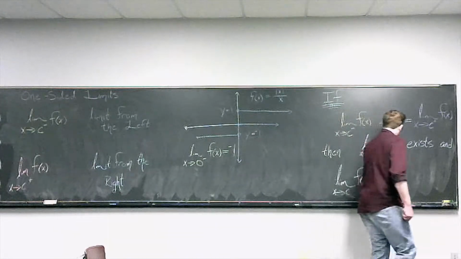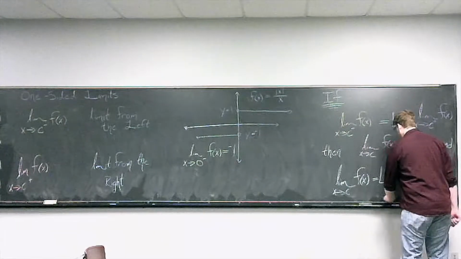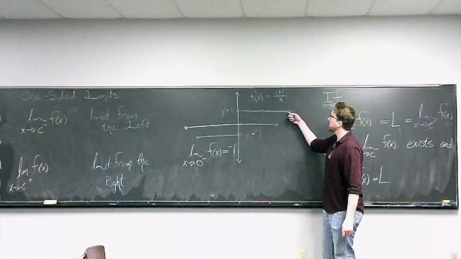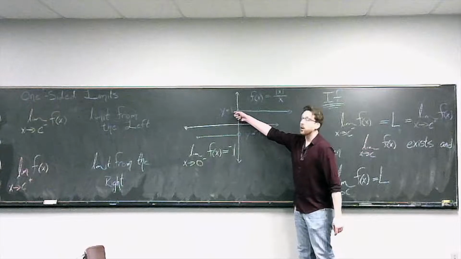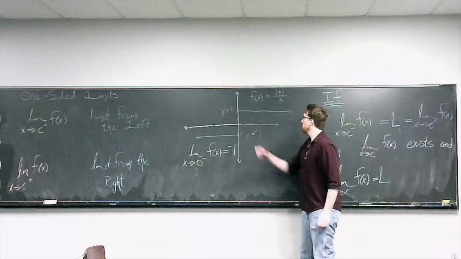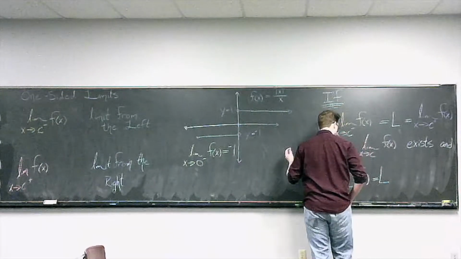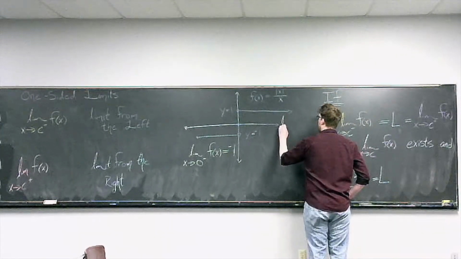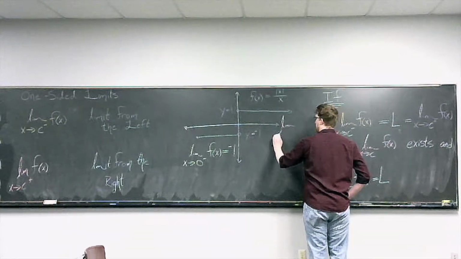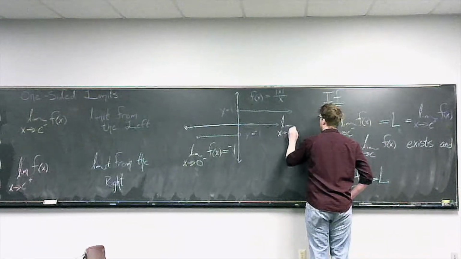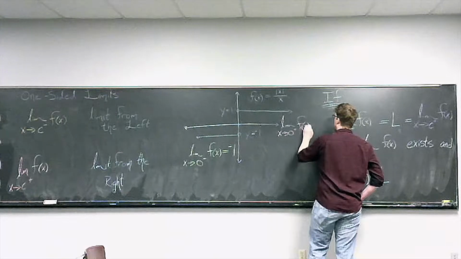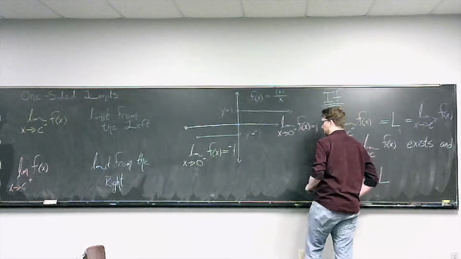Now, coming from the right, things change a little bit, right? Because coming from the right, our function is going to approach 1. So we would write that, using a different color, that the limit as x approaches 0 from the right of f of x is equal to 1.